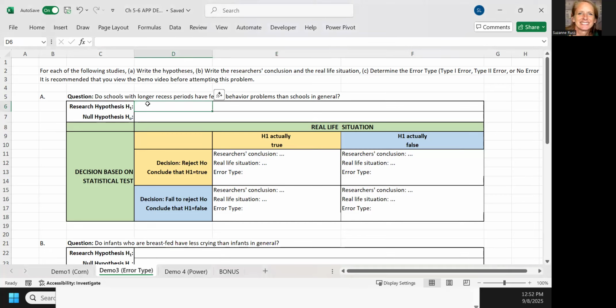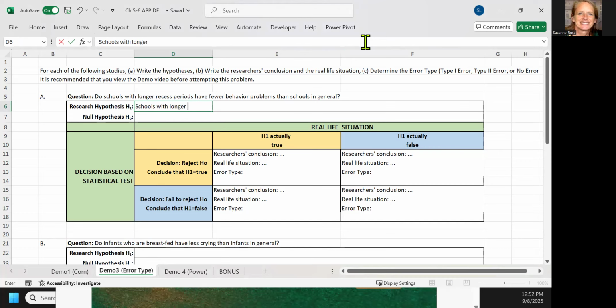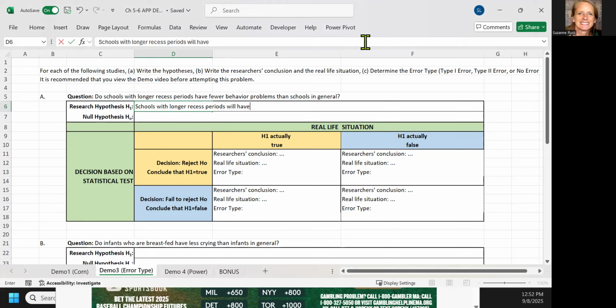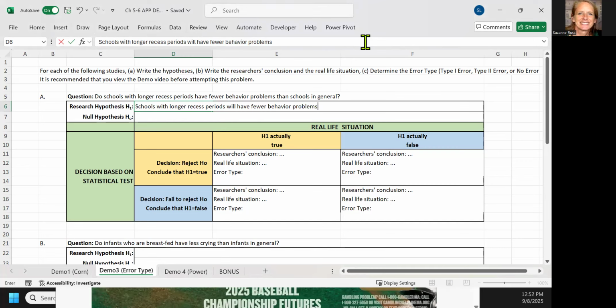So the question is this: do schools with longer recess periods have fewer behavior problems than schools in general? Our research hypothesis then is that schools with longer recess periods will have fewer behavior problems than schools in general.